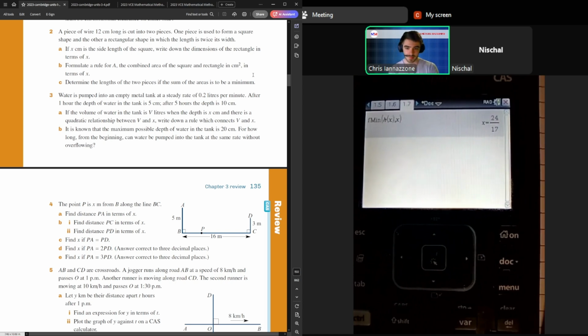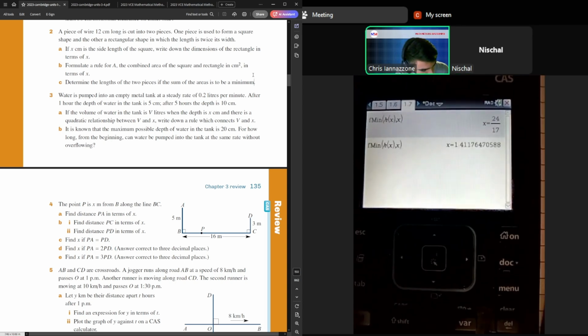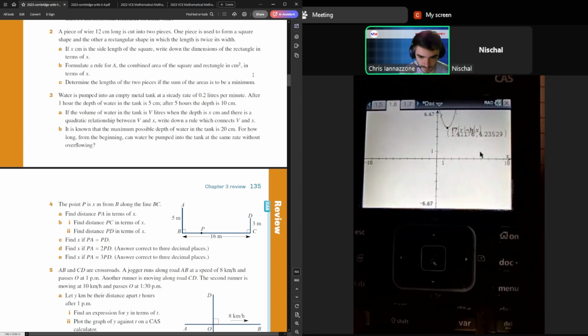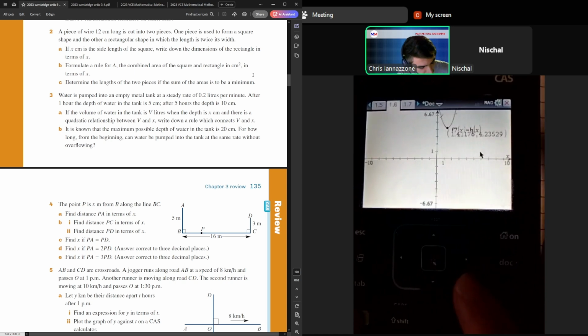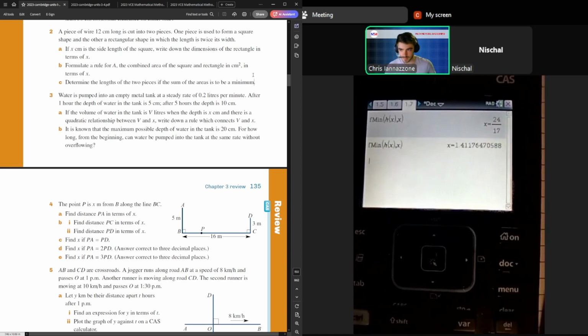Is that clear? Oh, you can just have a minimum function. Yeah. So that tells you the x value for which there is a minimum. If you just control enter, you see it's 1.41. If you go back to the CAS, 1.41. And so you can be confident that this is the value you want, not the decimal, because we're not told a number of decimal places.